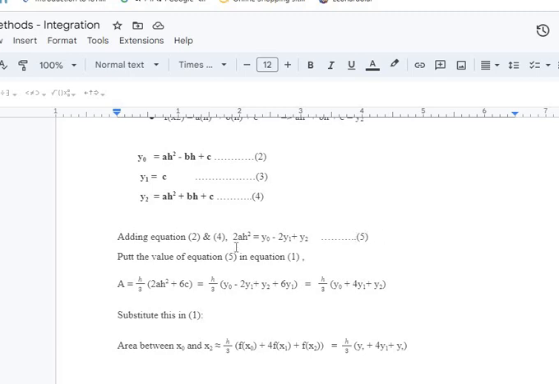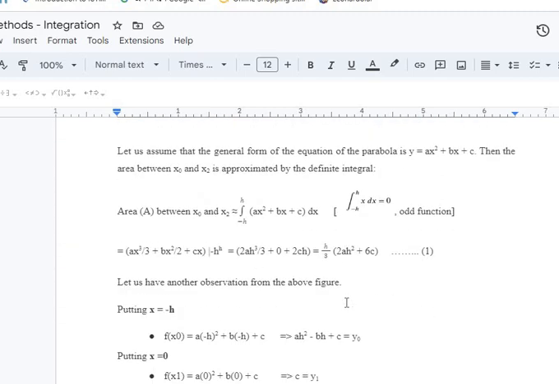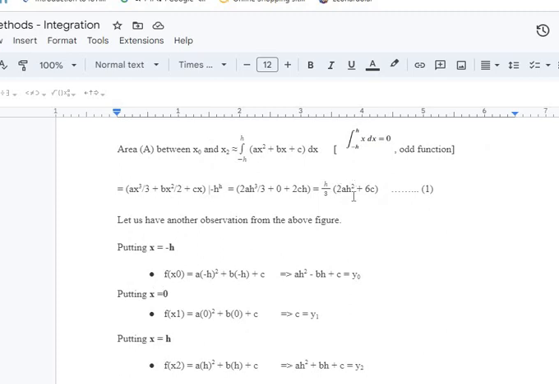Now we have a term 2ah square. If you refer to the earlier equation, you have a term 2ah square, so we are going to put this. What is the value of 2ah square? And also we know what c is. c is y1. Put this value and simplify it.